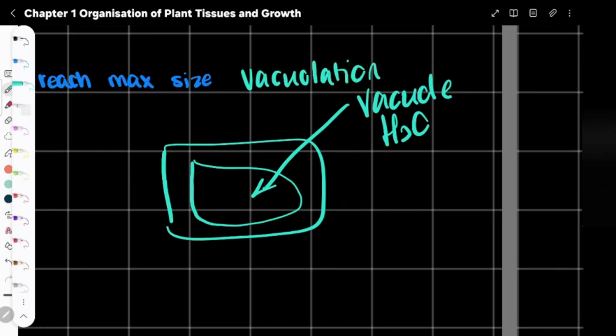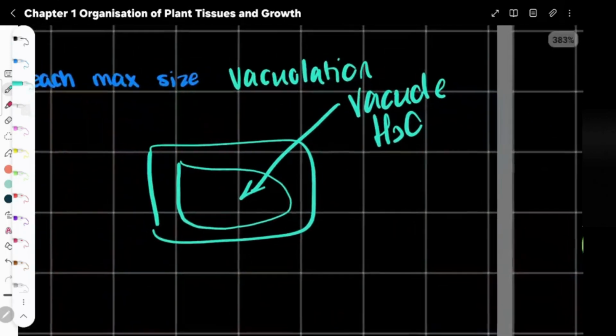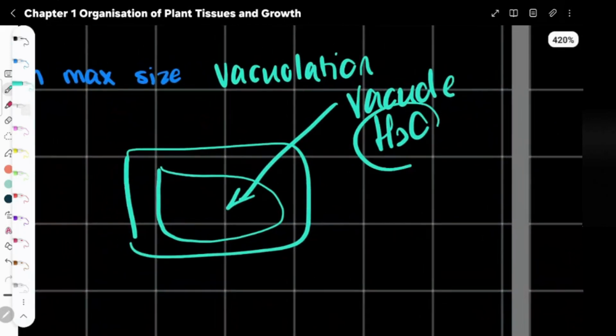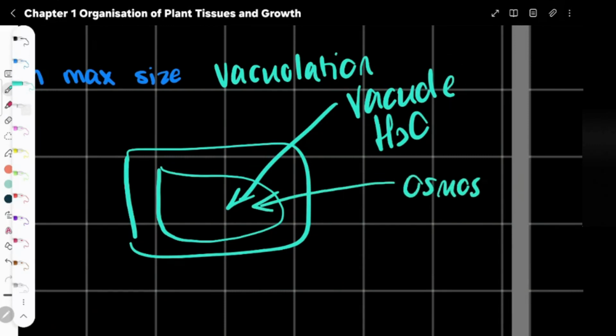You have to understand these terms because sometimes they use them. So, how can water enter the vacuole? If you remember, it entered through osmosis. It diffused to the wall through osmosis.